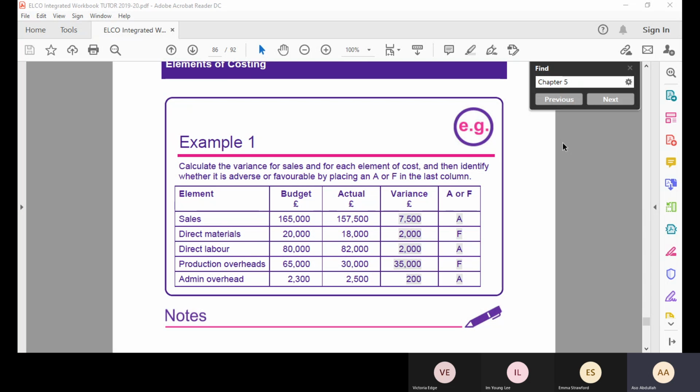And they usually prepare a budget on a monthly basis, on a quarterly basis, and on an annual basis. So they can have three types of budgeting.